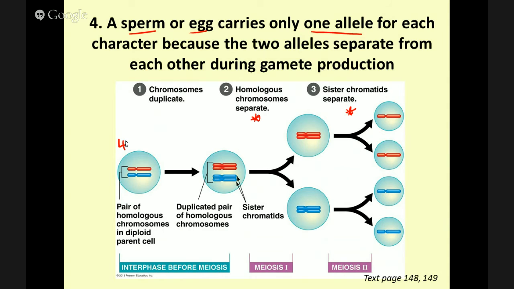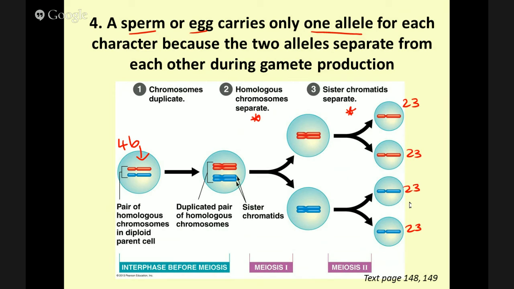So if you're a human and you start off with 46 chromosomes in your original cell inside the testes, each sperm has 23 chromosomes, right? It's only carrying one gene for the particular trait.